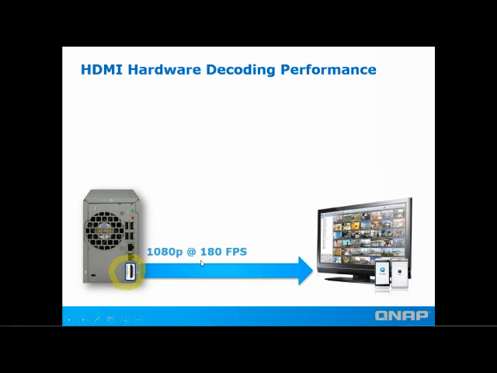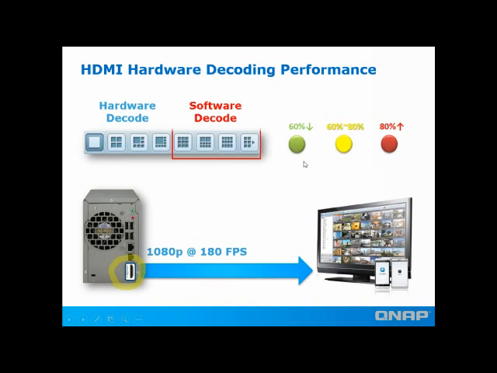And if you're watching 1080p videos, you can have up to 180 total frames, which is approximately 6 cameras at 4 frames per second. We also want to give the users a guideline. On the top of the screen, you can select the number of channels that you want to use together.